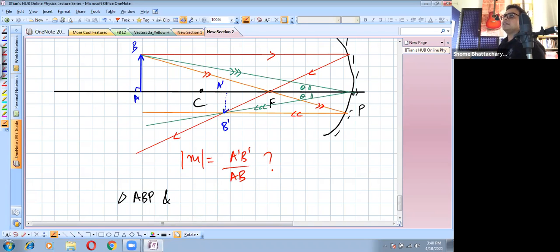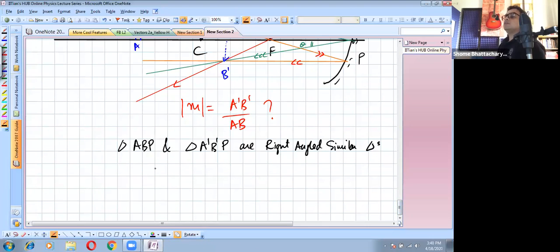And similarly, the triangle subtended by the image, that is triangle A prime B prime P, are right angled similar triangles. So you just use the property that perpendicular upon base is equal to perpendicular upon base.